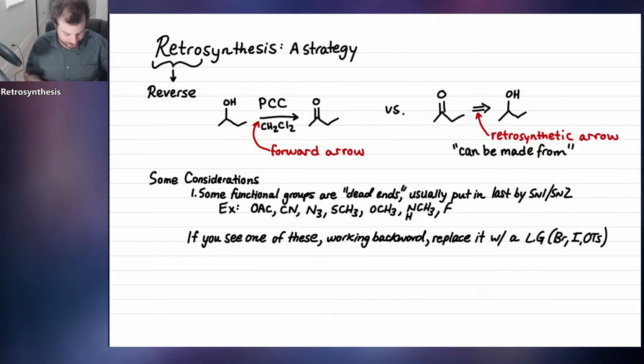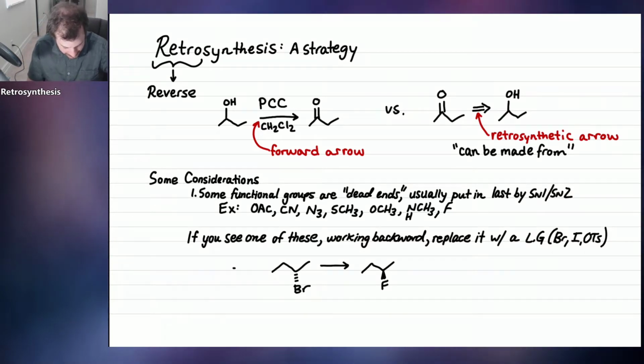So for example, if you saw your target molecule was that, you would identify, okay, that F is a dead-end group. So I don't know what my original starting material is going to be, but I know right before that F is there, there's a leaving group there, and it's probably looking something like this.